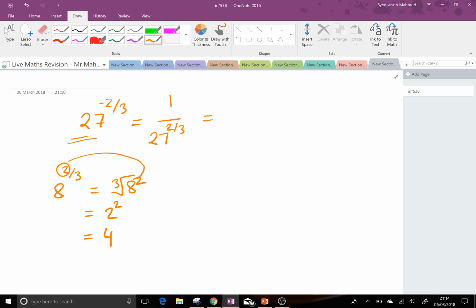And now all you have to do is, because the 3 in the denominator becomes a cube root of 27, and the 2 goes outside as a square. First of all, do the cube root. So it's still 1 over. Cube root of 27 is 3, and the 2 as a square.